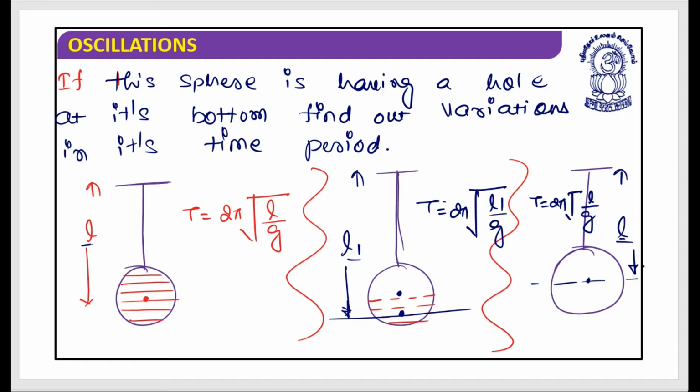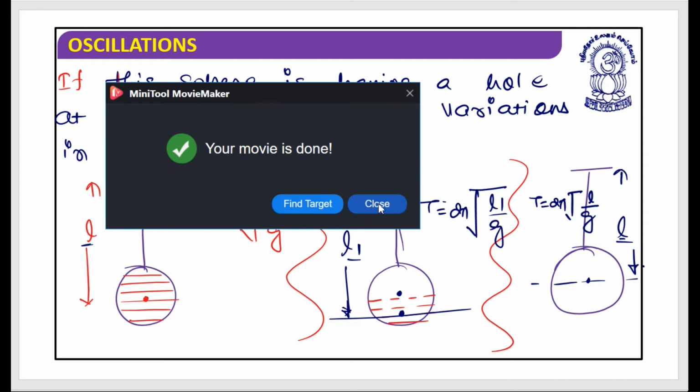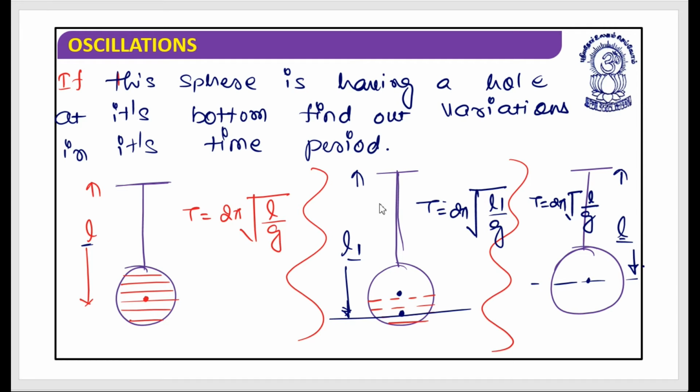Previously we discussed that it does not have any dependency on its mass. Even certain students may consider that as water has been drained out, the mass of the bob has changed, so there could be a change in the time period. But the time period is exactly independent of the mass, so it does not have any effect of mass too.